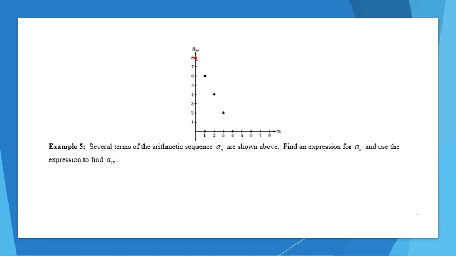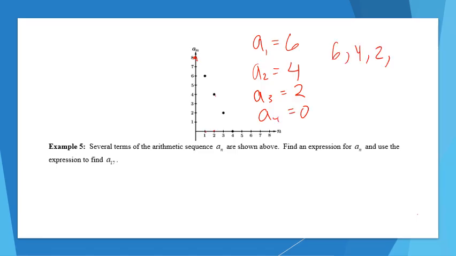So here, what we can pull from this is our first term of the sequence, when n is 1, is 6. So a of 1 equals 6. Our second term is 4. So a of 2 equals 4. Our third term is 2. And our fourth term is 0. If we write out our sequence, it looks a little something like this.